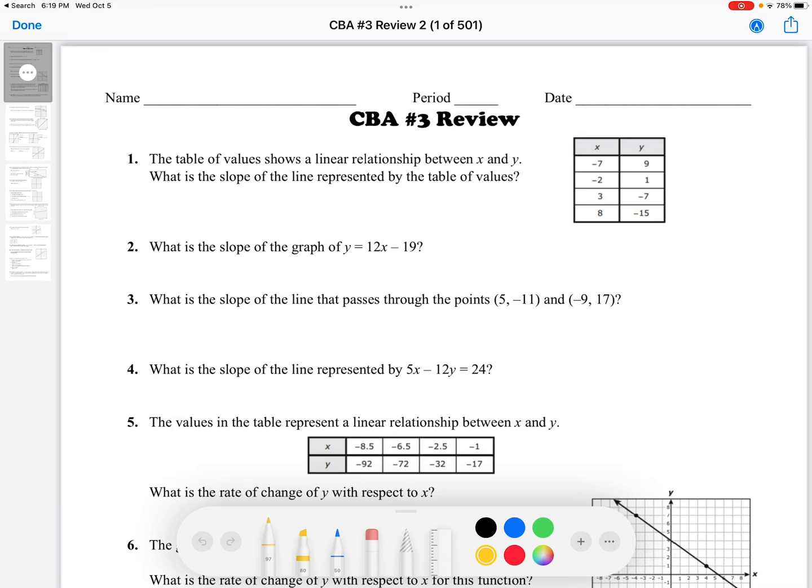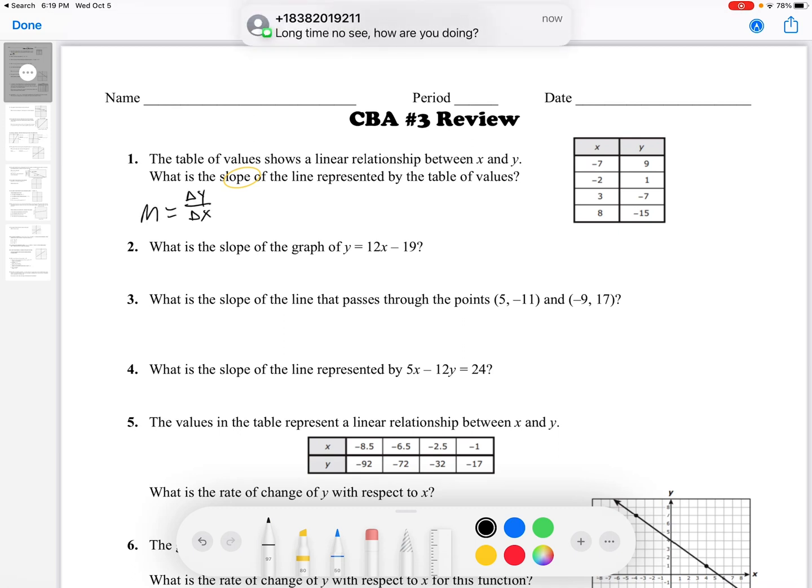So for instance, here we have, what is the slope of the line represented by the table of values? Keyword is slope. So we know that slope means change in y over change in x, or for short, y over x. Then we find the change in y and the change in x.